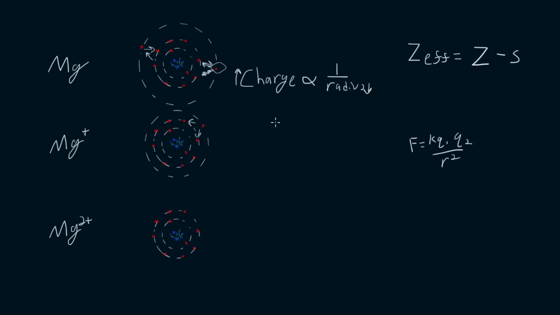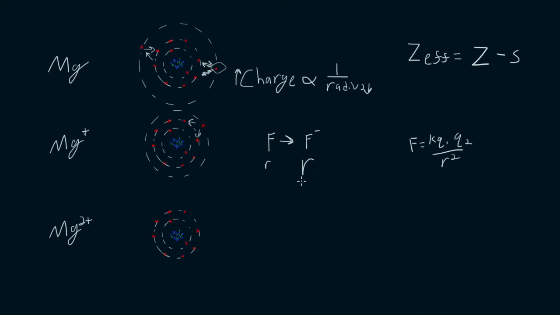So if my charge were to go down, like let's say fluorine going to F minus, what would happen to the radius? Well, the charge went down, so the radius would go up. So here I've got a radius, and here I've got a bigger radius. It's going to increase in size when it ionizes.